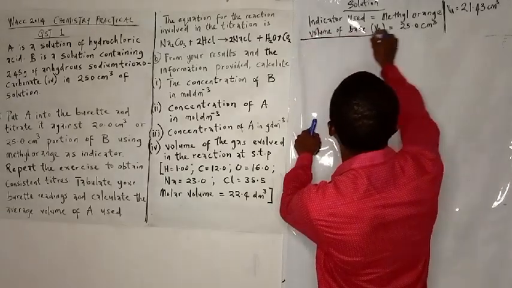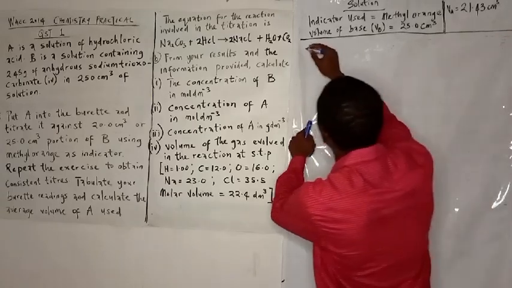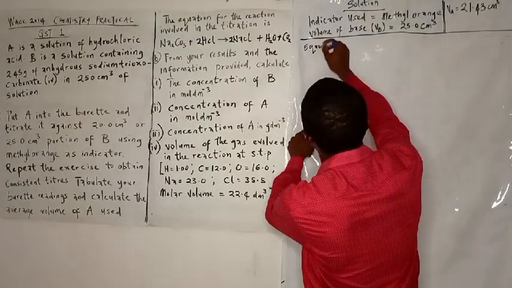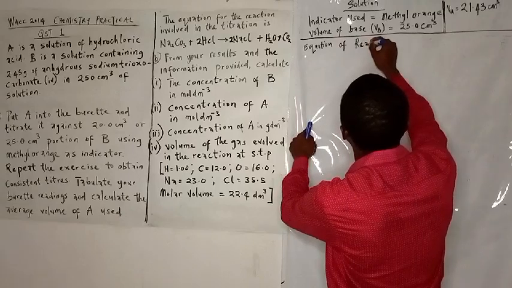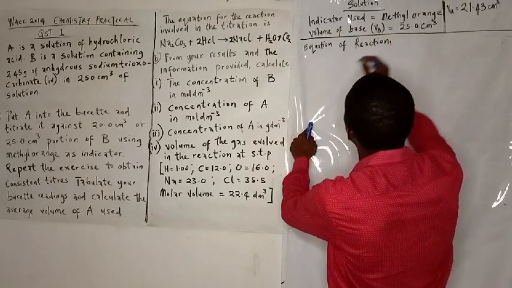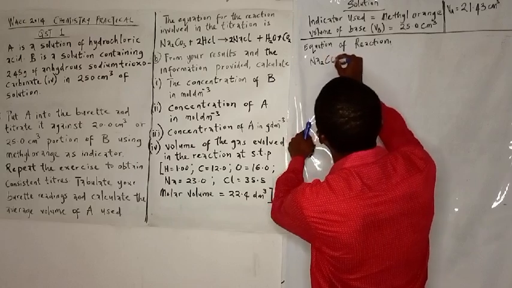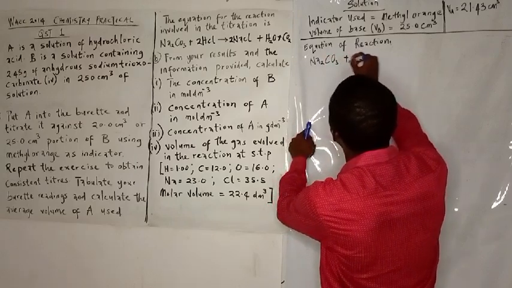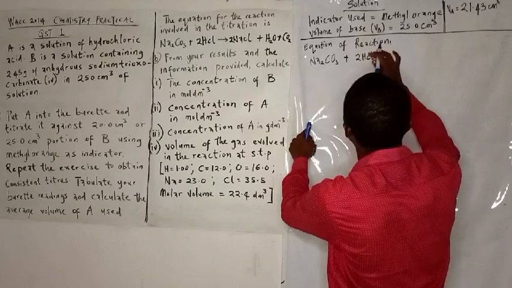Let me write the equation of reaction here: Na2CO3 plus 2HCl.